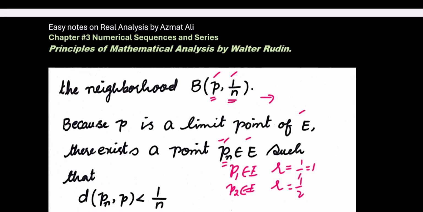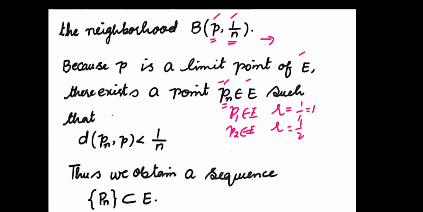So in this case, when you become closer and closer to point P, the distance of this point Pn from P is less than this radius 1 over n. In other words, I have used only the definition of open ball.